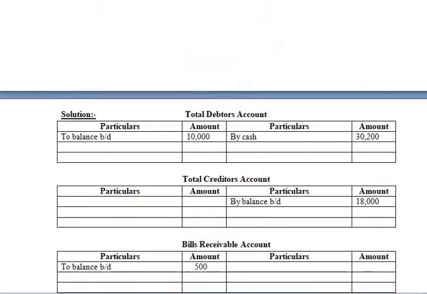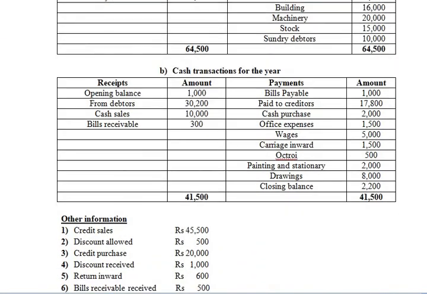Okay, after cash sales, next you have bills receivable 300. Now where will this particular amount come? It is nothing but a cash transaction for the year ending, in which you have received 300 from bills receivable. So it is cash received against bills.